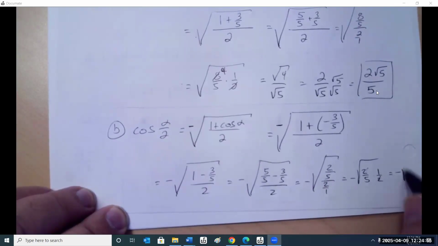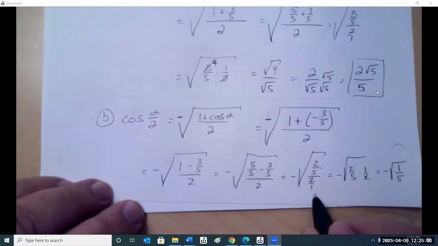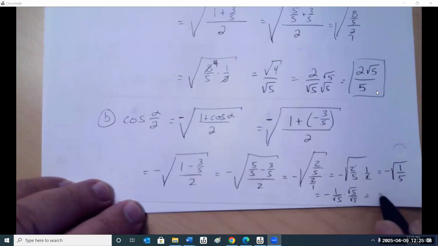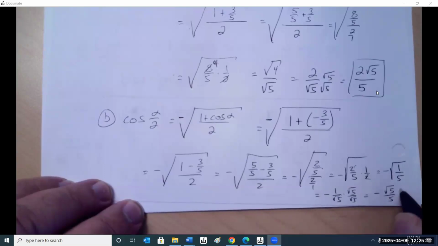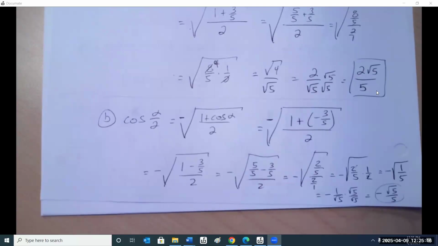So we have square root of 1 over 5, which becomes 1 over square root of 5. So it equals negative radical 5 over 5. Negative. Make sense?